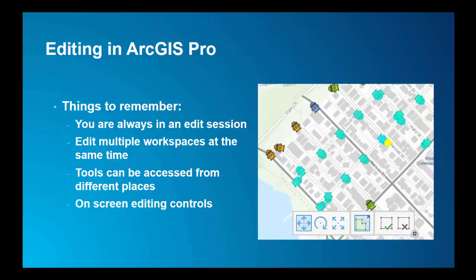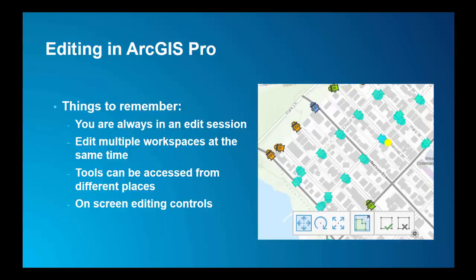But it's also possible to restrict editing, to disable the editing of individual layers from the contents pane. Now that last point is separate from the data controls that you can set inside an enterprise geodatabase. This is kind of at the project level, but nevertheless you do have the ability to restrict editing.